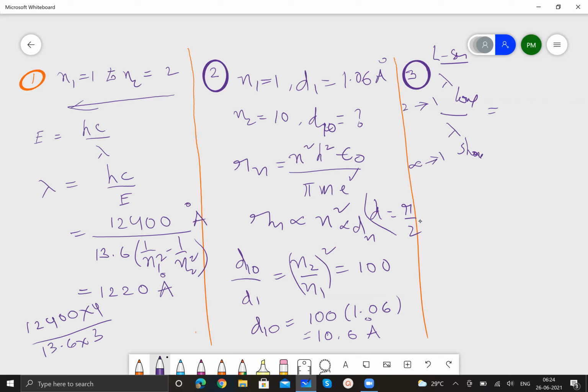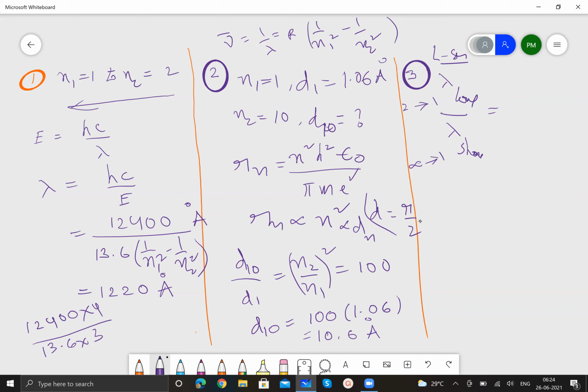So nu bar is equal to 1 by lambda is equal to R into 1 by n1 square minus 1 by n2 square. I already gave you this formula. So lambda varies inversely as 1 by n1 square minus 1 by n2 square.